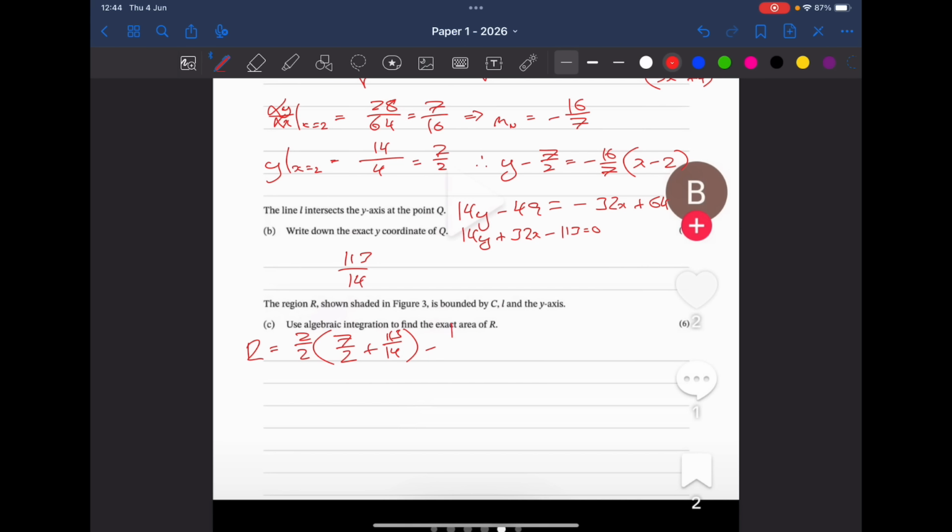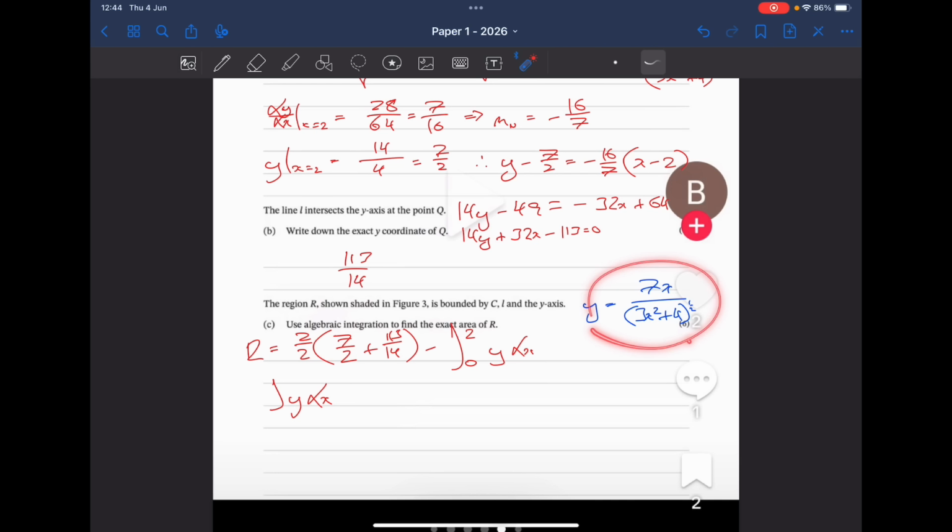So that is the integral from 0 to 2 of y dx. Let's look at that individually. What is y? y is the thing from above, 7x over (3x squared plus 4) to the power of a half. This is effectively the chain rule.